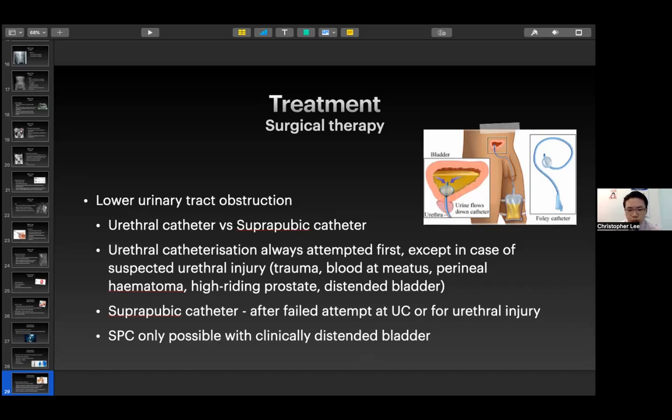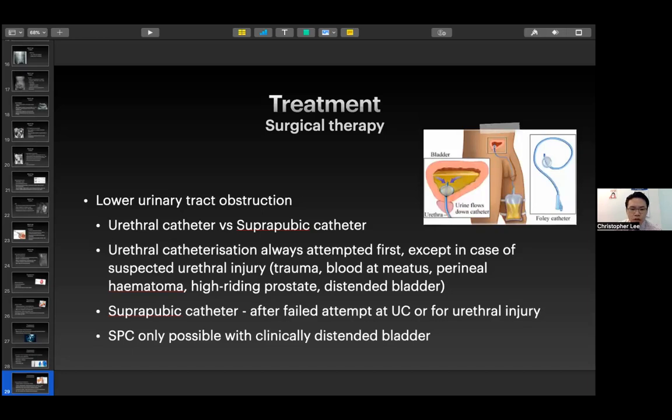except only in the case of suspected urethral injury, where the patient would have an obvious history of trauma. And on examination, you see blood at the urethral meatus, perineal hematoma, a high-riding prostate on a digital rectal examination, or a distended and palpable bladder. So in the absence of all this, you can try inserting a urethral catheter.